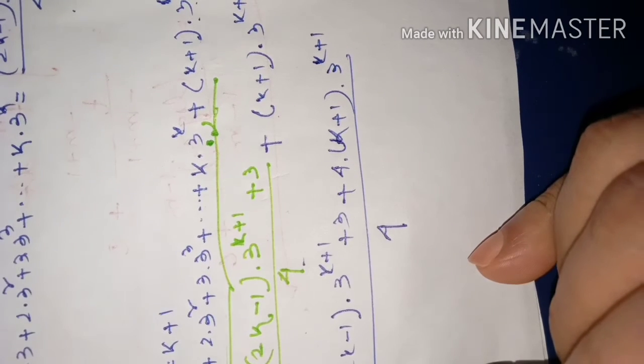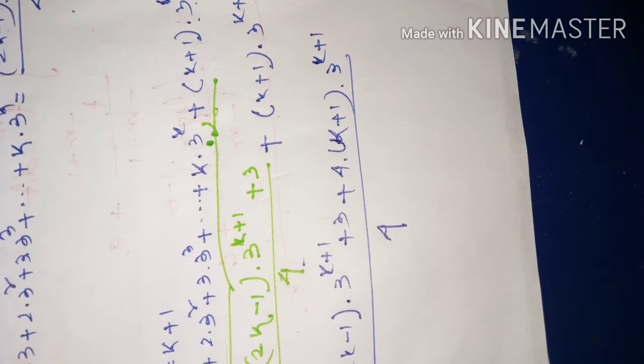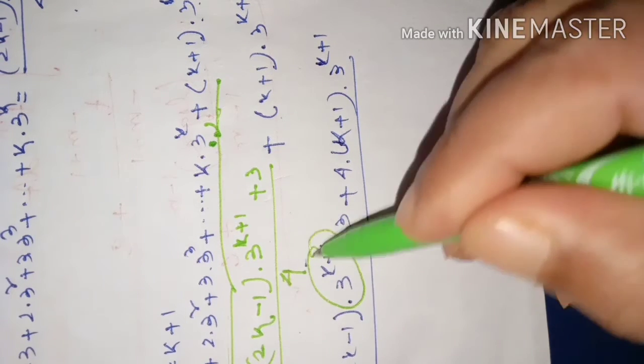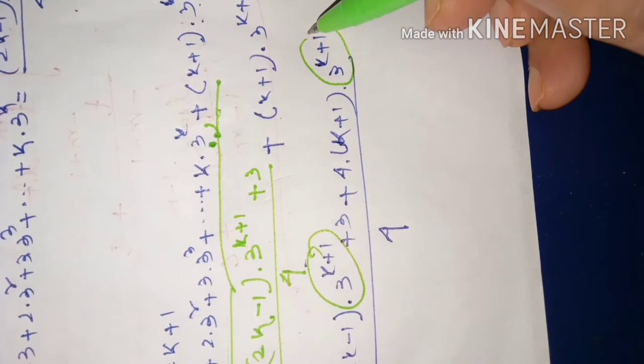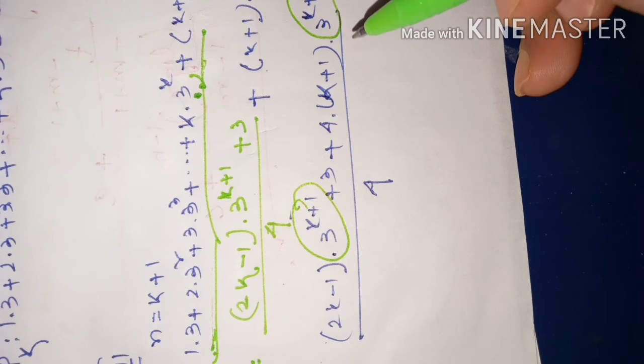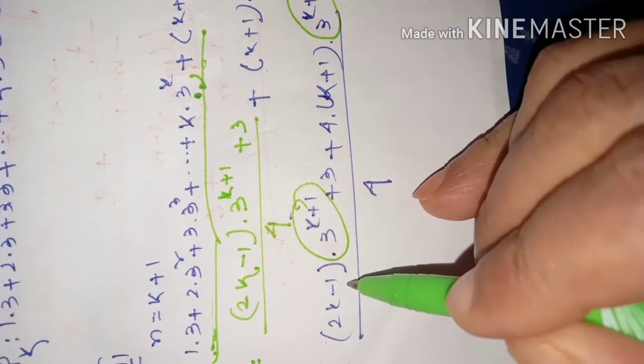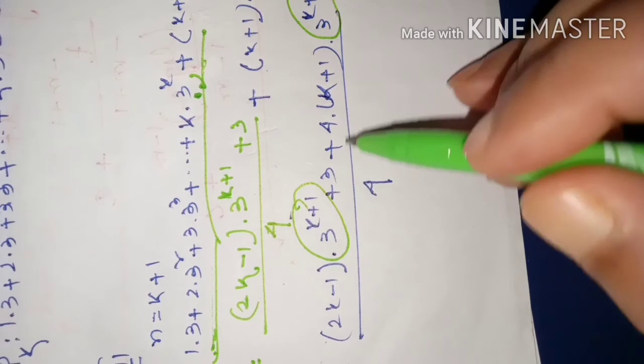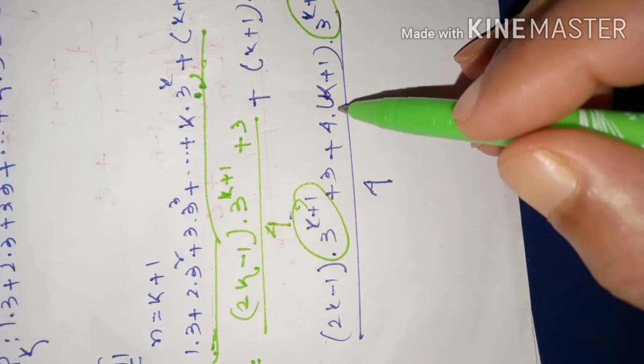Now, see dear students, here this 3 to the power of k plus 1, this 3 to the power of k plus 1, and this 3 to the power of k plus 1. If we take it as a common factor, then in the bracket what we will have? 2k minus 1 from here, then from here 4 into k plus 1.